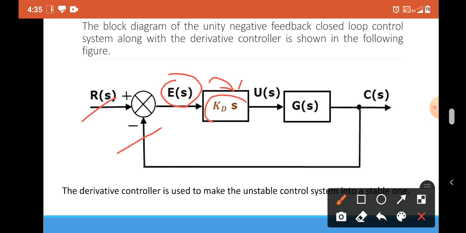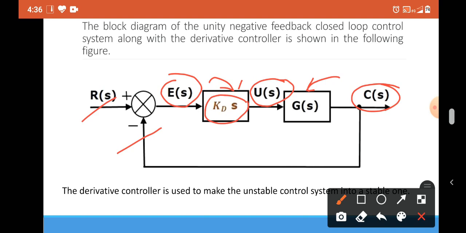Its transfer function is Kd s. This produces an output signal U(s), which is given to the plant having transfer function G(s), and that produces the output signal from the plant. So this is the block diagram of your derivative controller in a negative feedback closed loop control system.